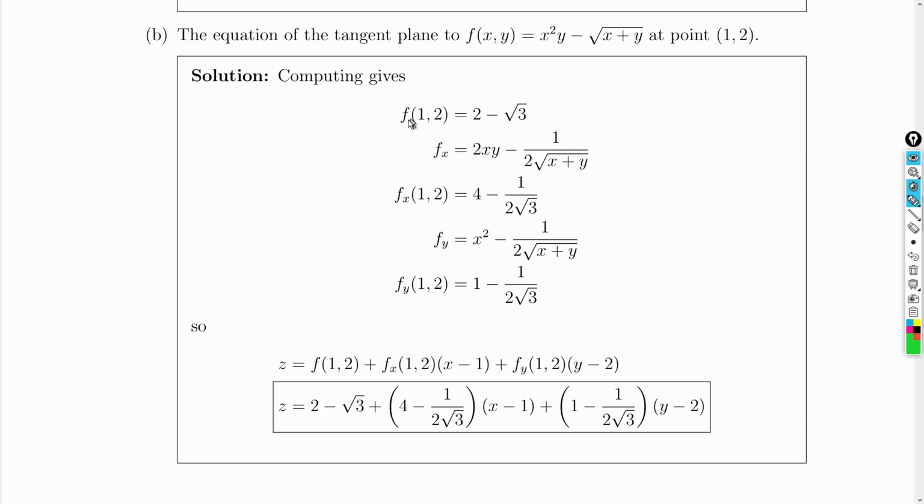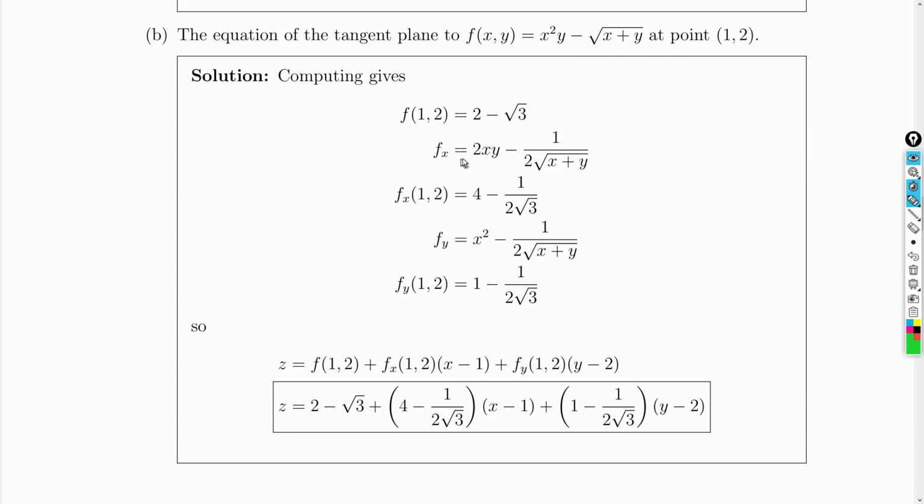The necessary things are f evaluated at the point, and f sub x and f sub y evaluated at the point, the partials with respect to x and y. You just have to make sure you don't mess up the arithmetic. The arithmetic was easy in this case. It might be slightly harder with the actual exam, so make sure to double check your calculation.